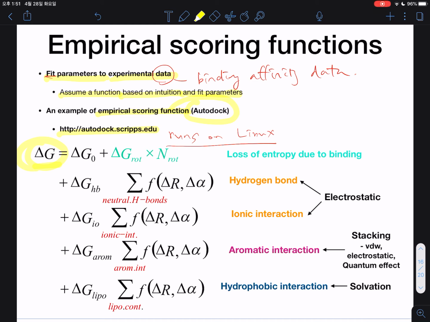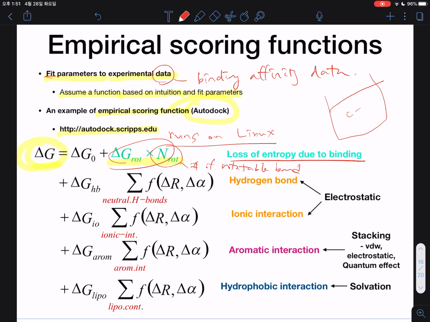They assume that the binding free energy is a combination of 5 terms. The first term is delta G rotation multiplied by the number of rotatable bonds, where N rot is the number of rotatable bonds. This term represents the loss of entropy due to binding. If you imagine that when the ligand is just solvated in water, it can freely rotate, right?